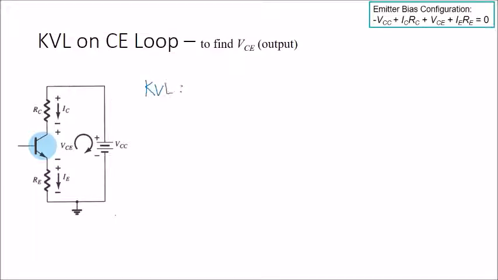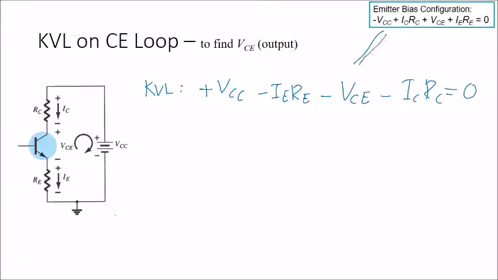KVL for the CE loop, for this one we use clockwise, so it should be positive VCC, then minus IE RE, then the voltage drop at the transistor, which we label as VCE, then the voltage drop at ICRC, equal to 0. This equation is actually the same as the earlier equation. You just rearrange it and you can find that it is totally the same.